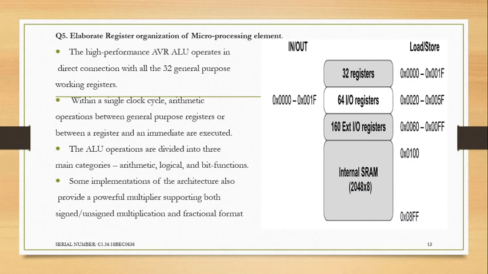Within a clock cycle, arithmetic operations between general purpose registers or between a register and an immediate are executed. The ALU operations are divided into three main categories: arithmetic, logic, and bit functions. Some implementations of the architecture also provide a powerful multiplier supporting both signed and unsigned multiplication and fractional format.